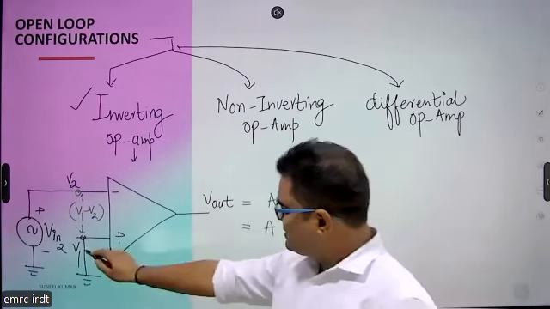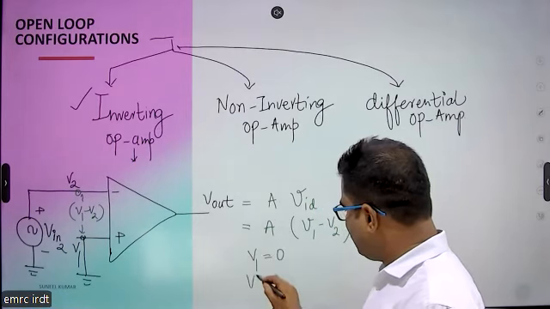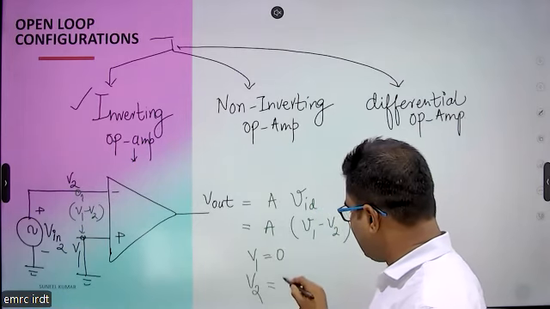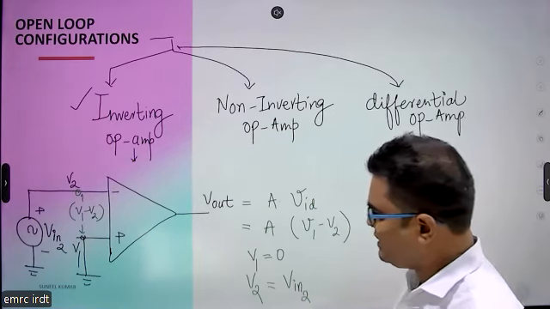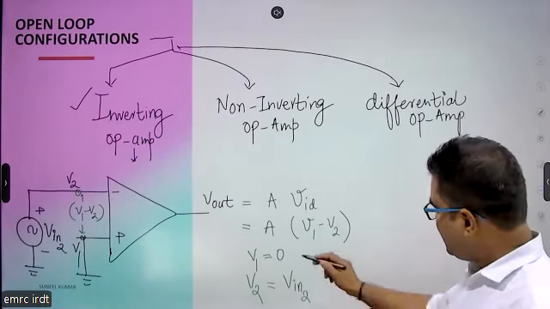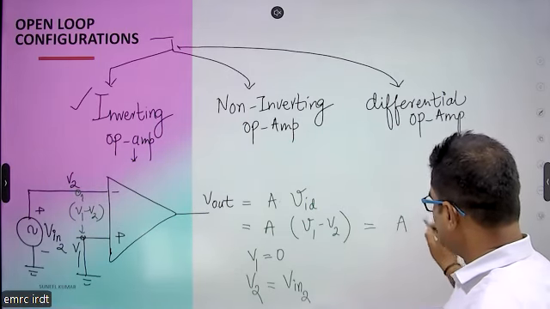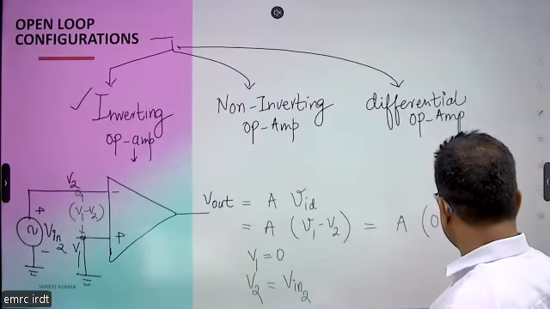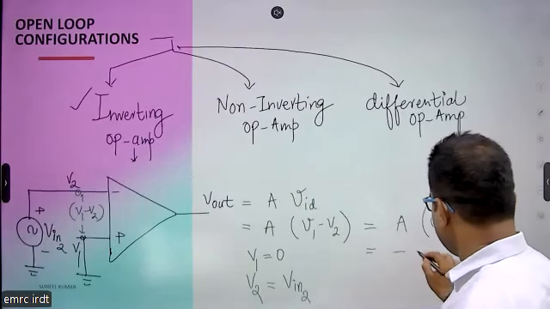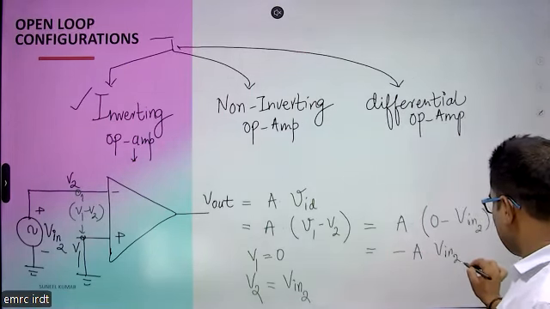Here V1 is grounded, so we can write V1 as 0. And V2 is connected with the input voltage, that is V in. So we can replace these values. The output will become A into 0 minus V in, that we can write as minus A into V in.